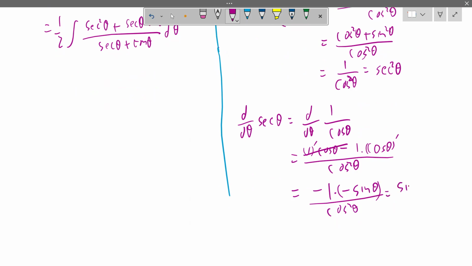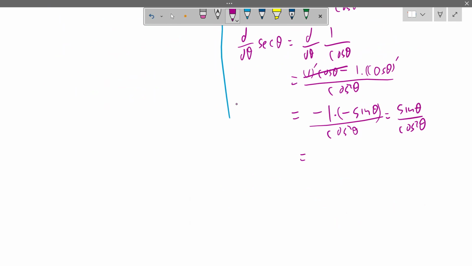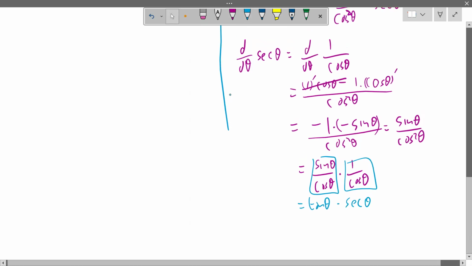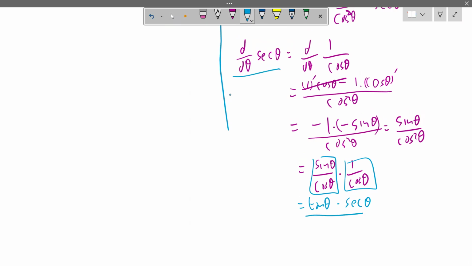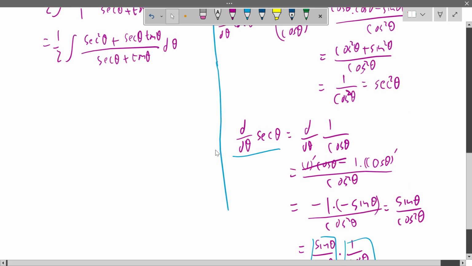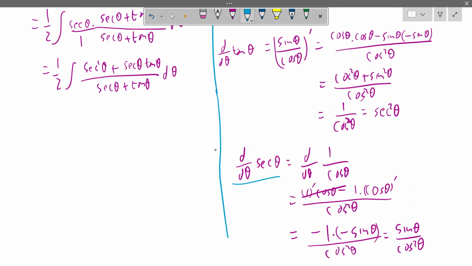So you have sine theta over cosine squared theta. Now notice that we can separate the two powers of cosine theta. So you have sine theta over cos theta times 1 over cosine of theta. Here, this is the tangent of theta, and here this is secant of theta. So what that means is the derivative of secant of theta is secant theta times tangent of theta, and the derivative of tangent of theta is secant squared of theta.